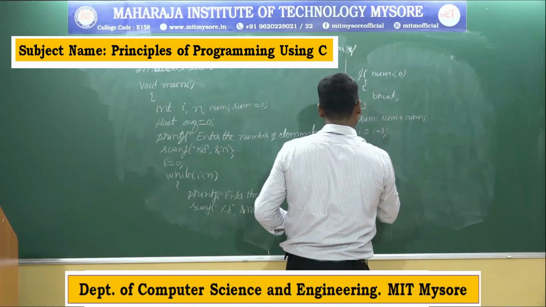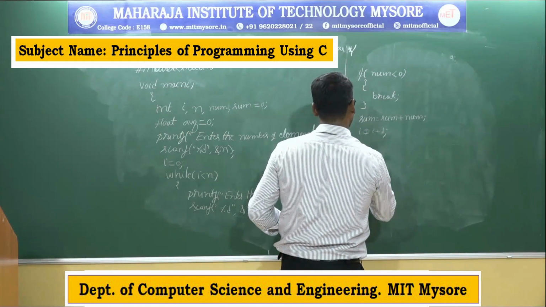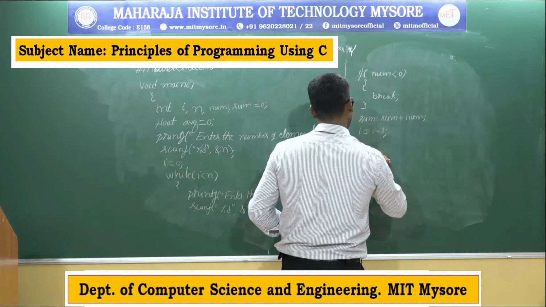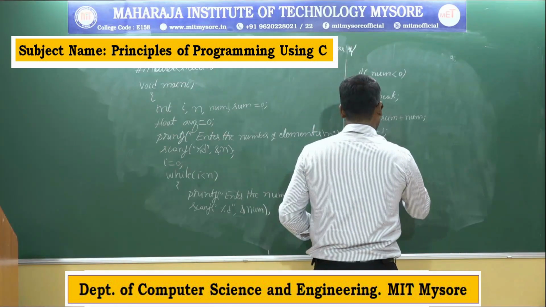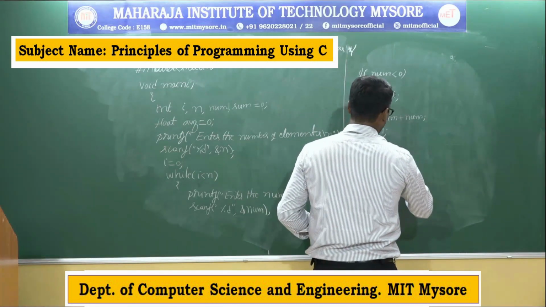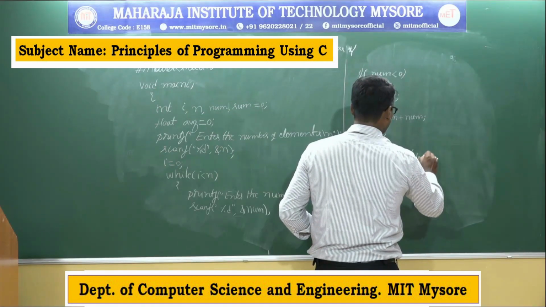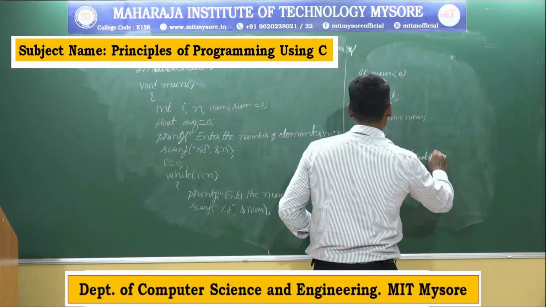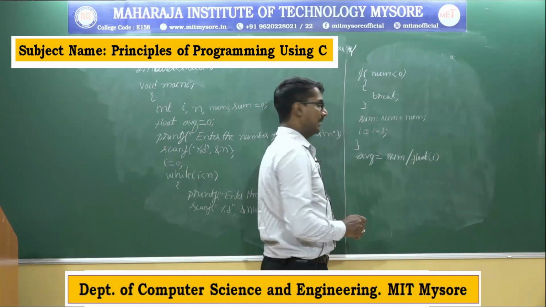After terminating from the loop, I need to find the average: avg = sum divided by float of i, because i contains the number of elements.